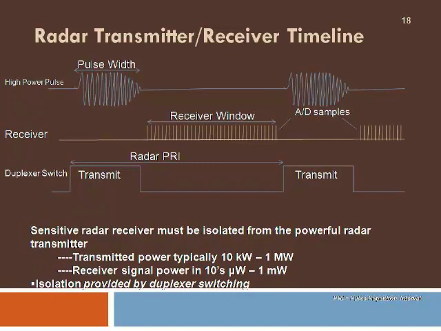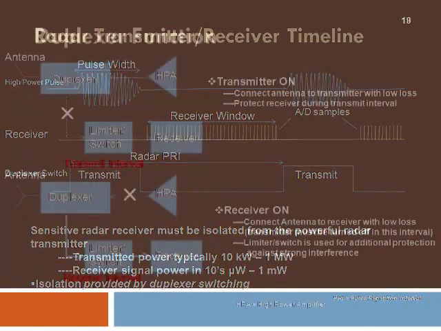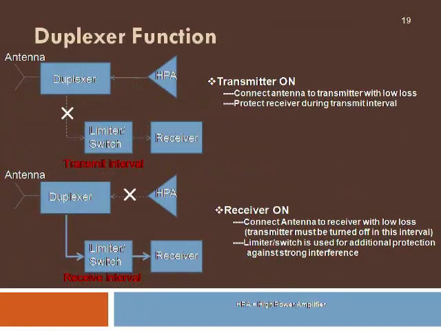So even if a minor amount of leak is there between transmitter and receiver, it's going to be fatal, or the receiver is going to be saturated very easily. So to protect the receiver from this high power, a duplexer must be able to isolate properly. So that is the importance of placing a duplexer in the path from antenna to the transmitter.